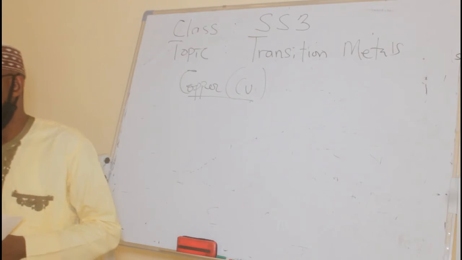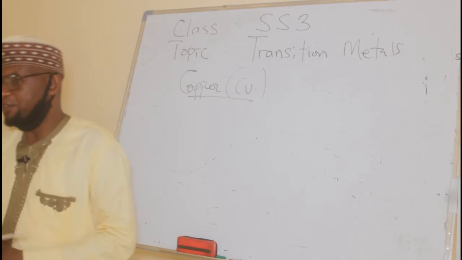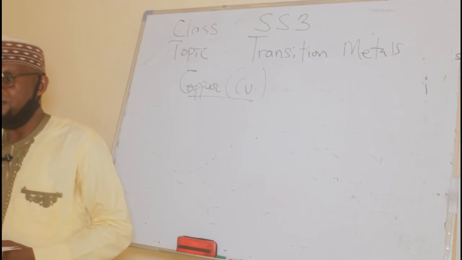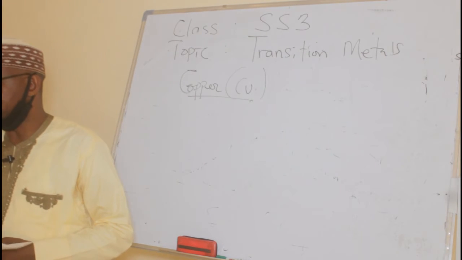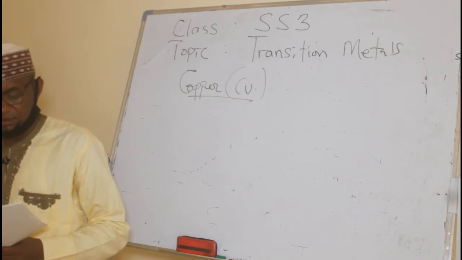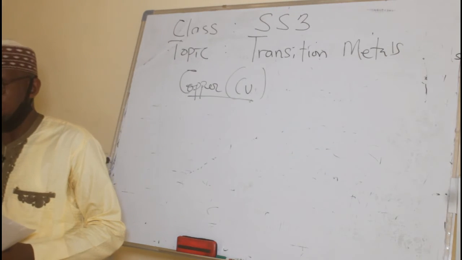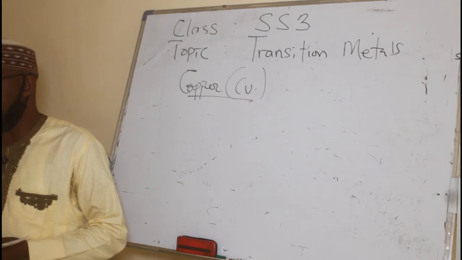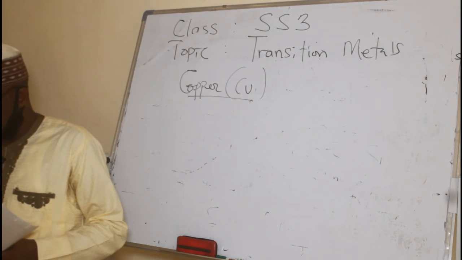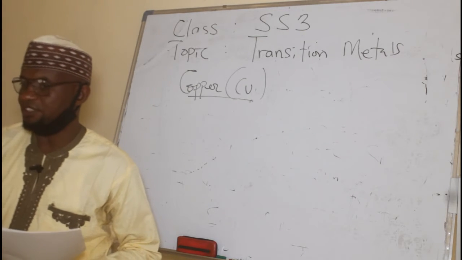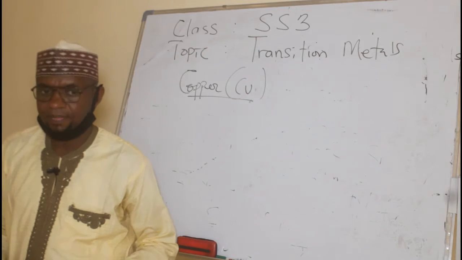They are called transition because they normally have variable oxidation states, and they have partially filled d orbitals. They have their own peculiar properties, and they normally form colored complexes because of that nature they have. So these are the peculiar properties of transition metals or elements.